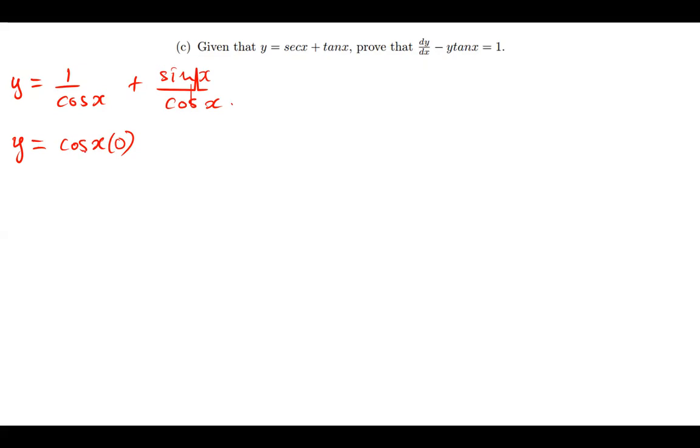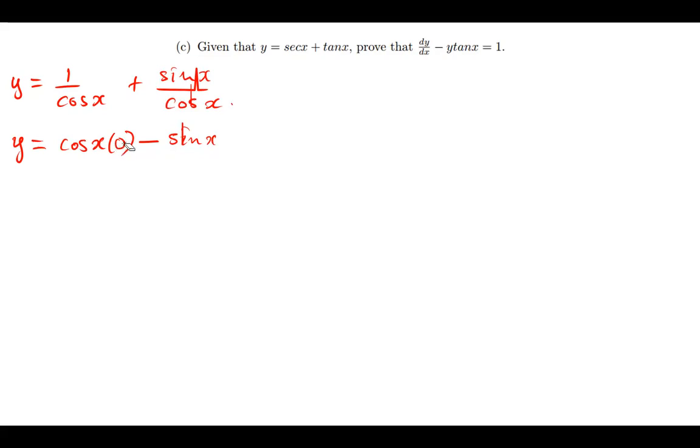So I'm multiplying 0 times cos x, and then I'm going to say minus, my u is 1. I moved on to this one. So my u is 1, and then 1 times the derivative of cos x is simply negative sine x.